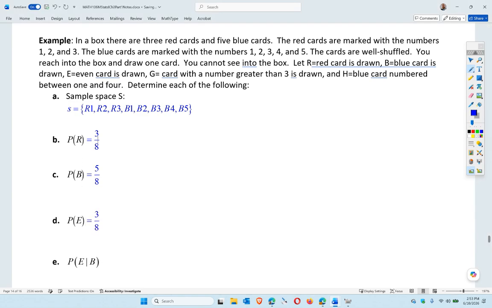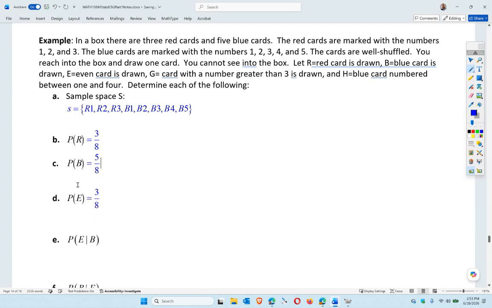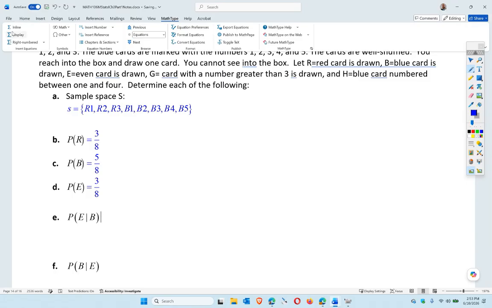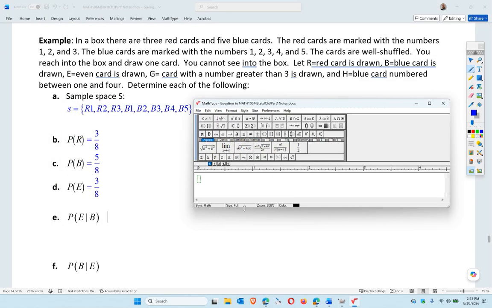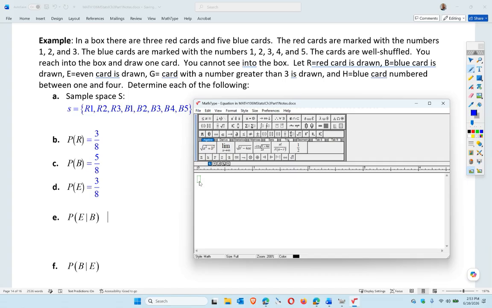Okay, so the rest of these will involve some calculations, right? Okay, so we're going to do some calculations here. So let's shrink this down. Okay, so the conditional, this will be the probability of, let's do an equals here. The probability of E and B over the probability of B, right? Because that is the condition, right?